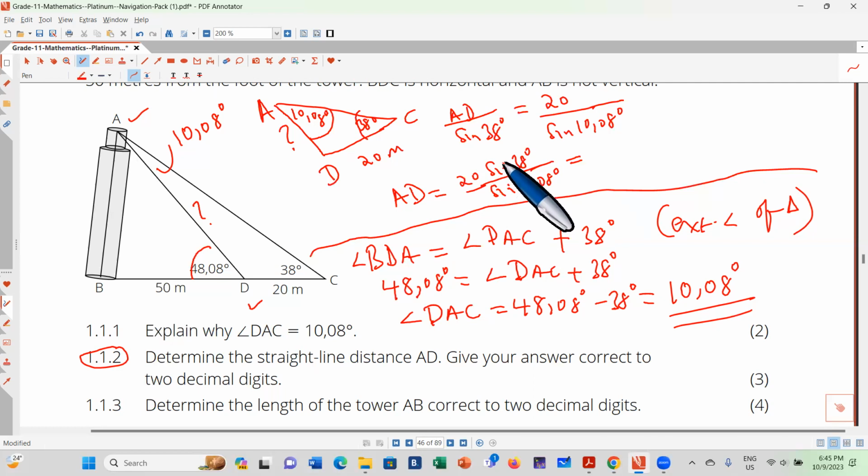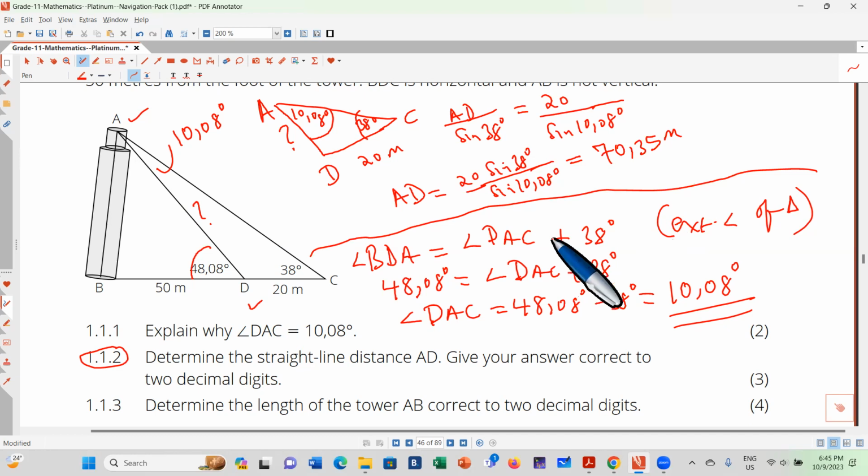Okay, now we continue. I'll keep asking questions from time to time. So if you look at 20 sine 38 divided by the sine of 10,08, use a calculator for this. The calculator will give you 70,35 meters.